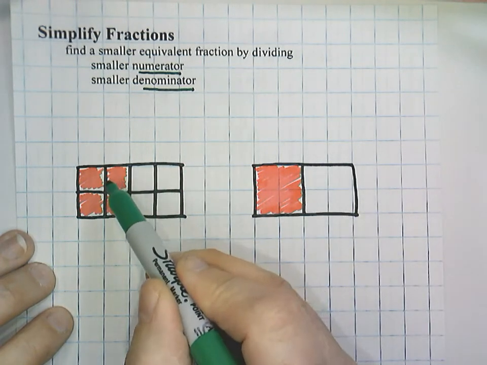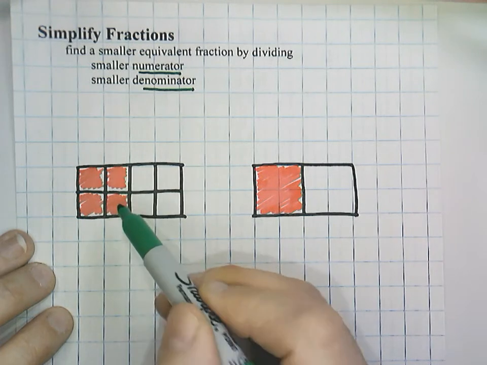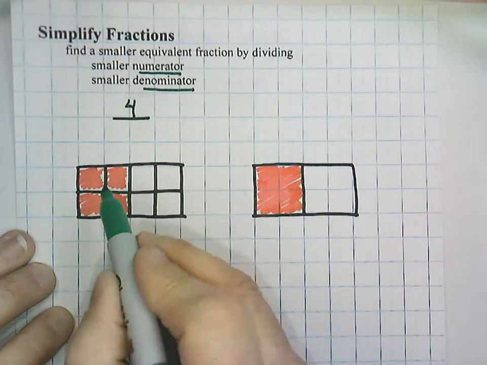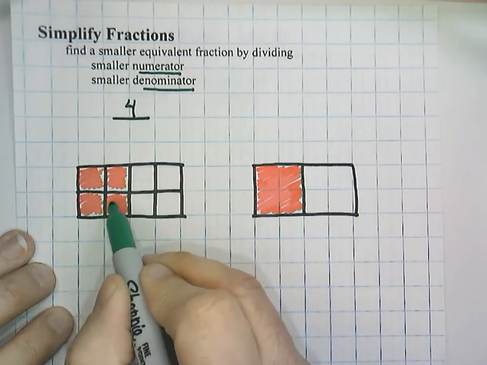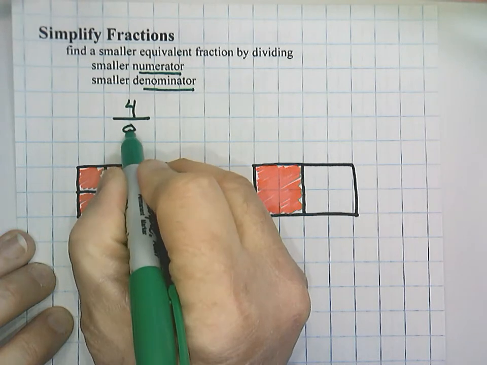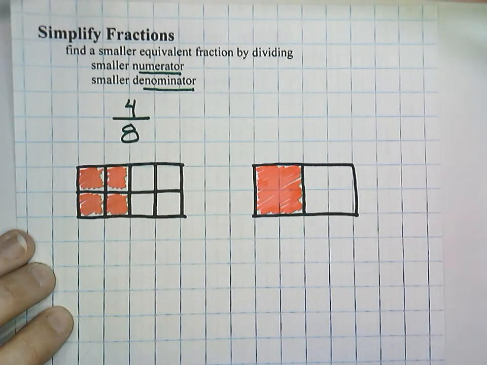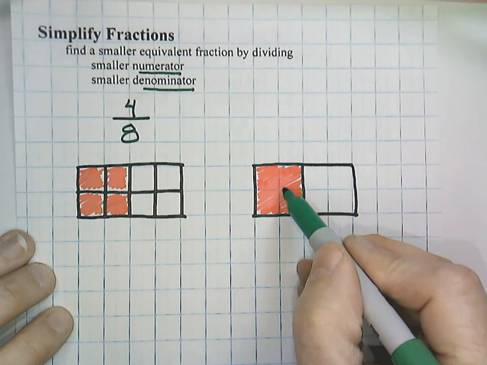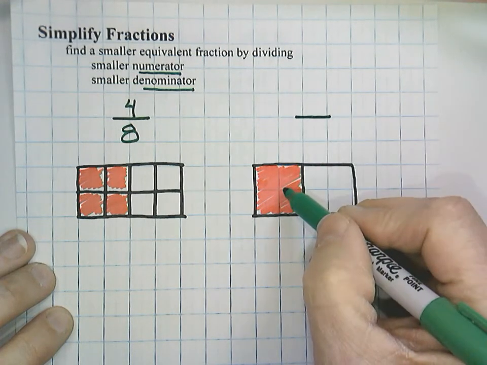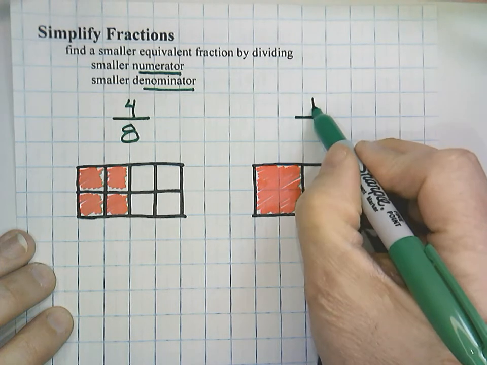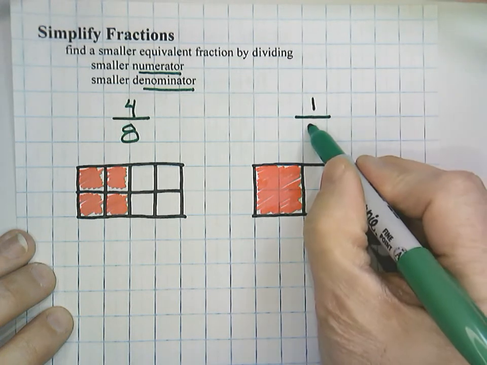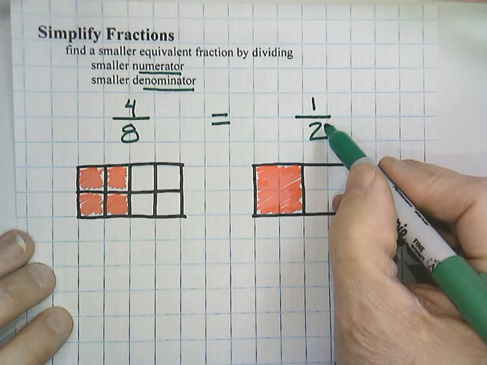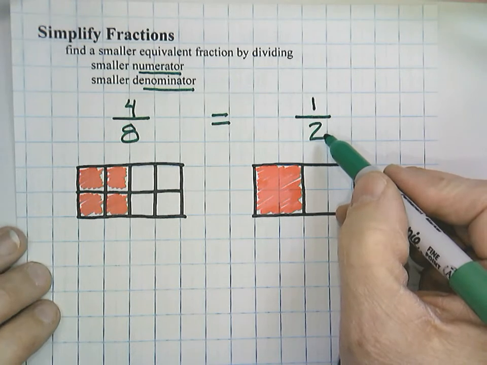This first fraction on the left would be 1, 2, 3, 4 out of a total of 1, 2, 3, 4, 5, 6, 7, 8, or 4/8. 4/8 would simplify to 1/2. Notice here when I write a fraction, the amount of red would be 1 section out of 2. So we would say that 4/8 is equivalent to 1/2, but 1/2 is a simplified fraction.